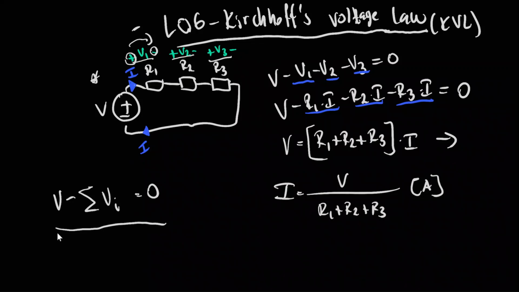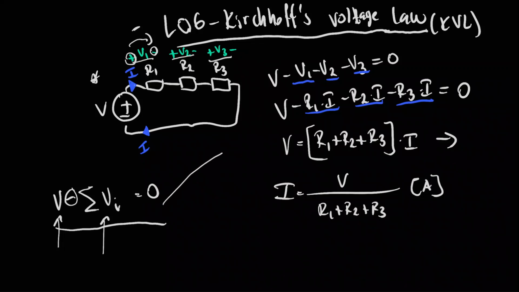So it's saying that the total voltage V here minus the sum of individual voltages like V1, V2, and V3 is saying that the total voltage minus the sum of the components' voltage drops is equal to 0.